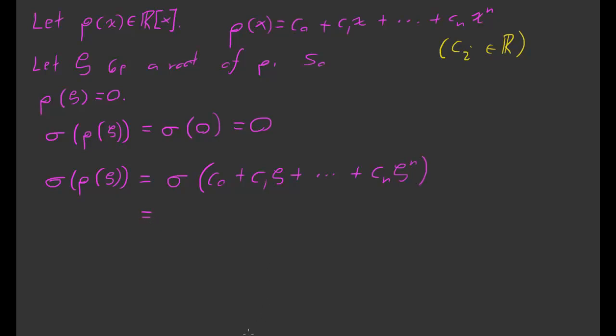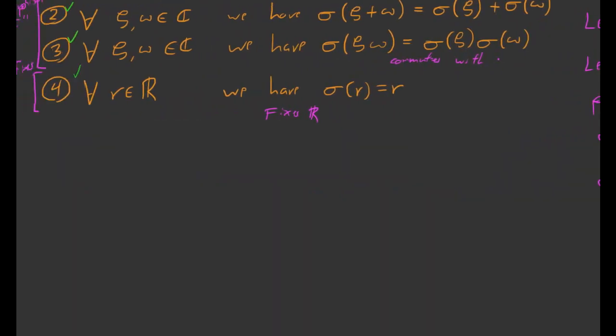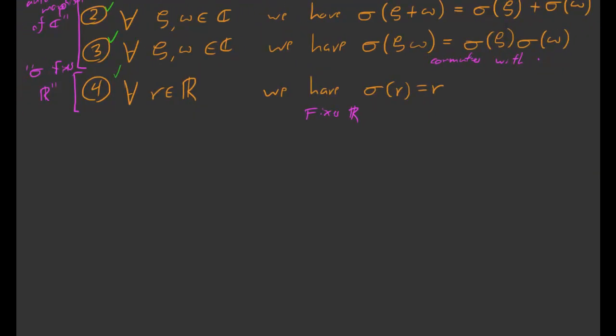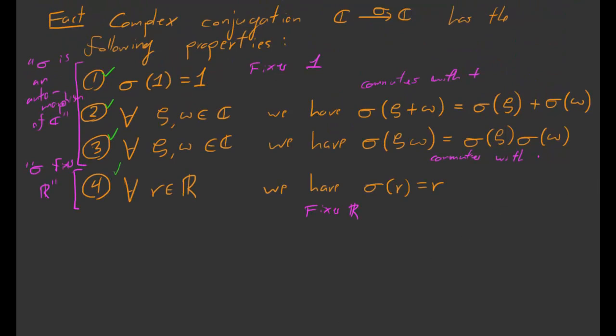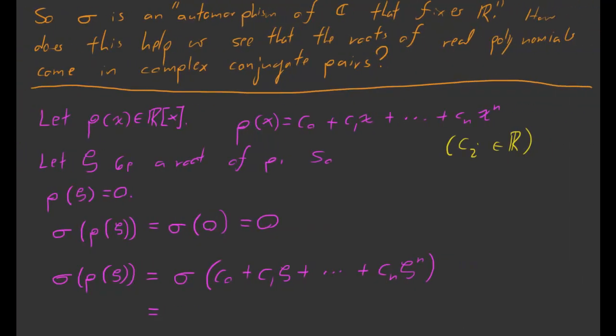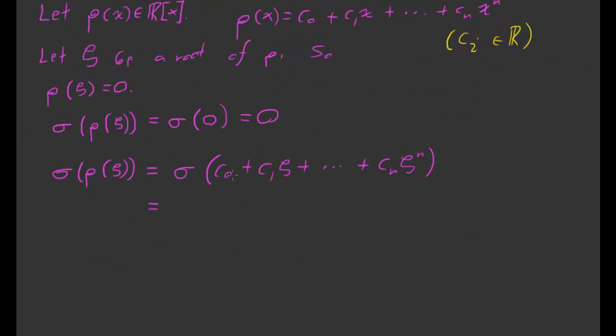And now we can start using the properties of complex conjugation. So we know that sigma commutes with addition. That was property 2 over here. And what that tells us is that sigma of this sum is equal to the sum of the sigmas of the individual parts. So let me write that out. This is equal to sigma of C0 plus sigma of C1 zeta plus ... plus sigma of Cn zeta^n.